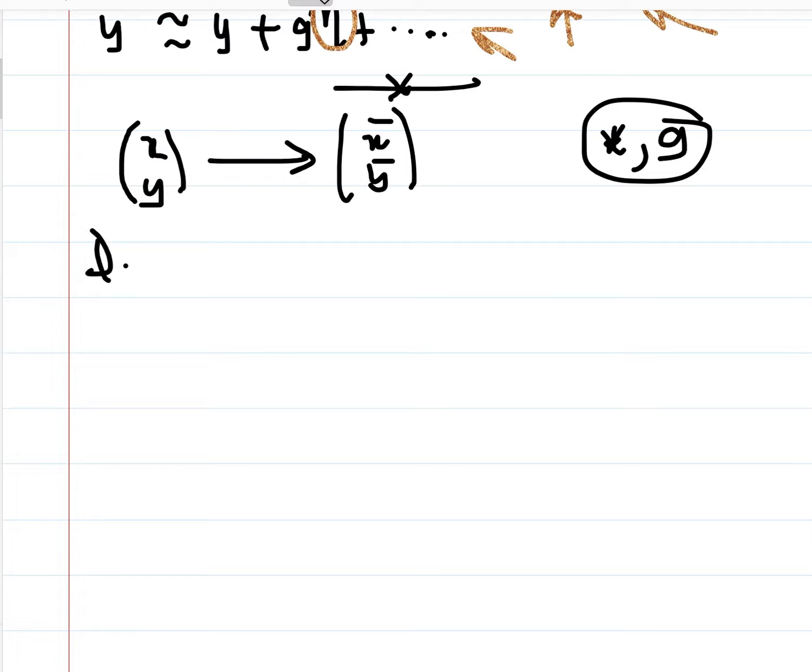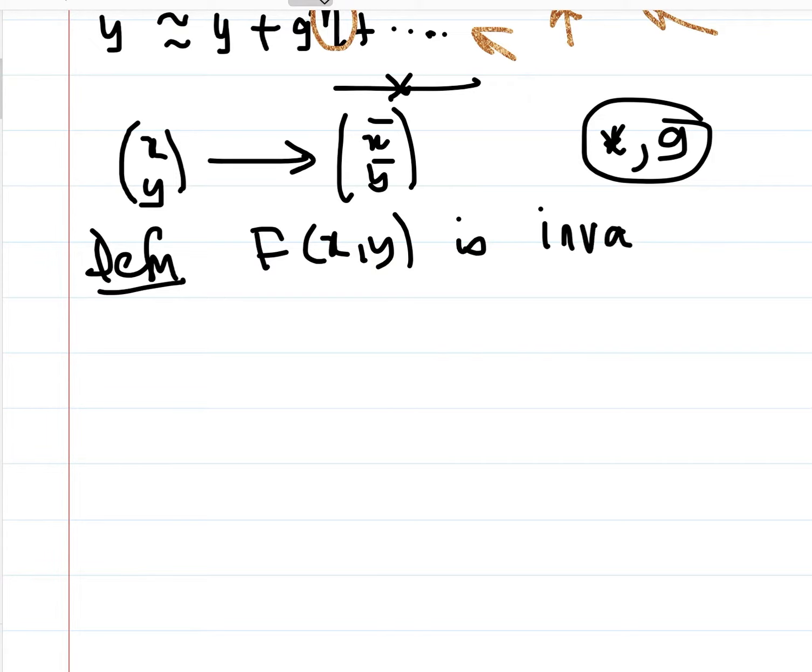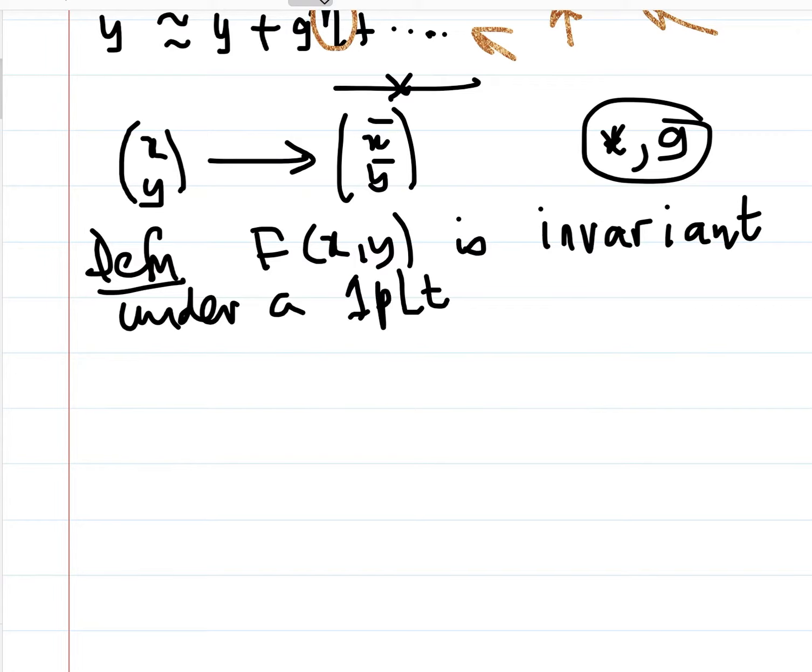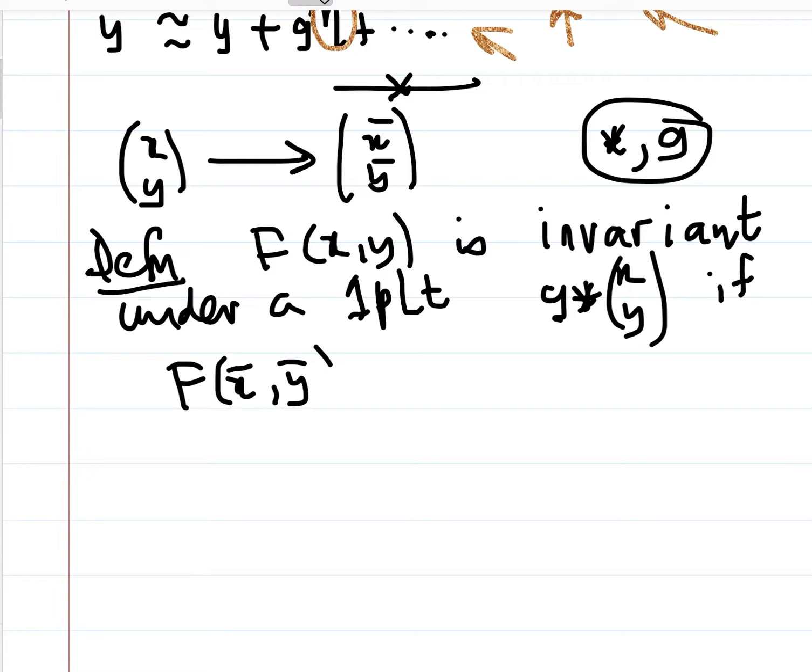So the definition says that a function of x and y is form invariant under a one parameter Lie group of transformations generated by star, if of course f of x bar, y bar is the same as f of xy.